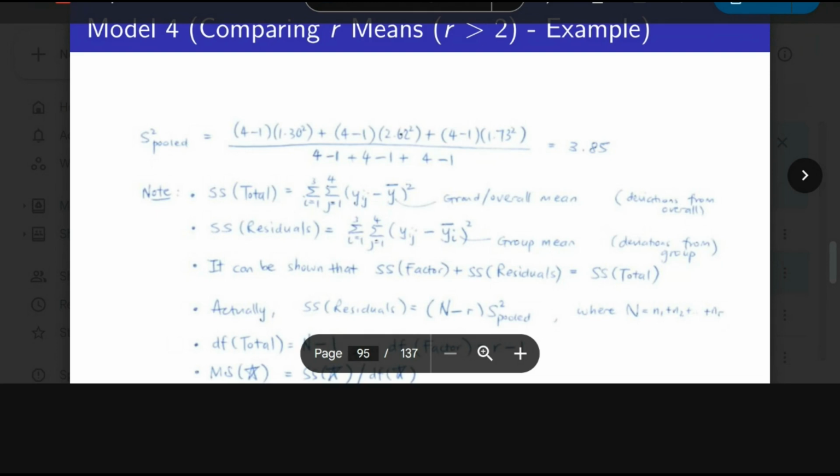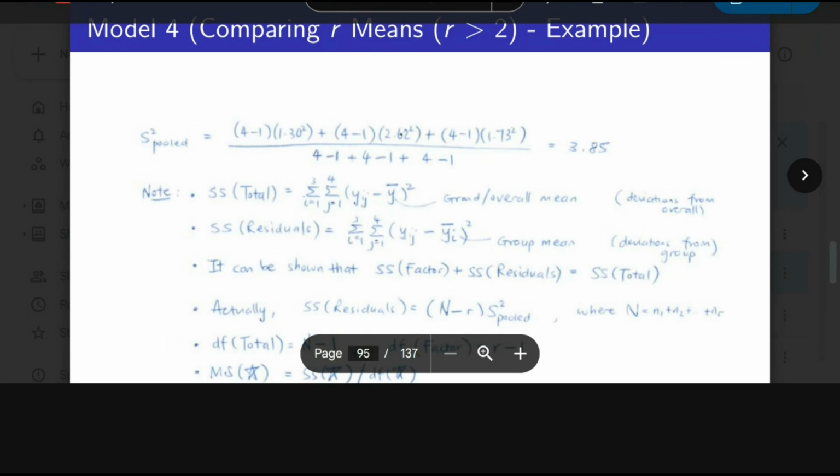It's what's left behind. That's why some people call SS residual SS error, SS unexplained, or whatever. Residual means what's left behind. The model puts chickens into different groups, and this is the deviation of the chicken's weight from its group mean, not the overall mean.